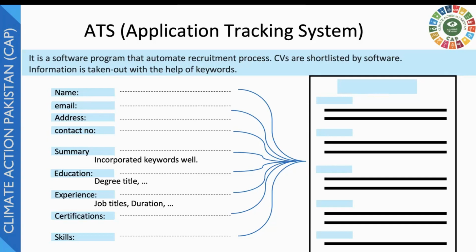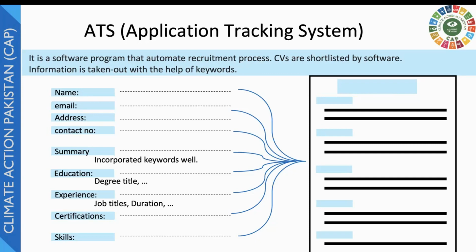Actually, ATS is a software program that automates the recruitment process. It shortlists CVs with the help of keywords that you use. ATS can pick out your name, email address, contact, your education, experience, and your certifications or other skills.